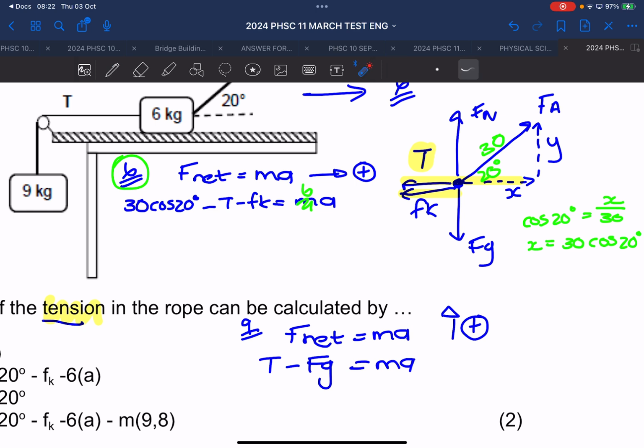The question is, what is T equal to? Can you see T is negative? So I'm going to take T to the other side to make it positive. So I have 30 cos 20 minus fk minus 6a is equal to T.